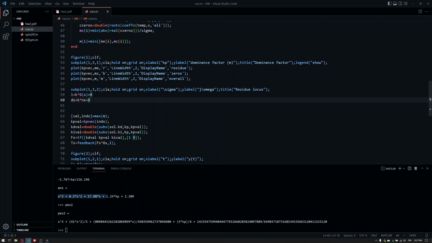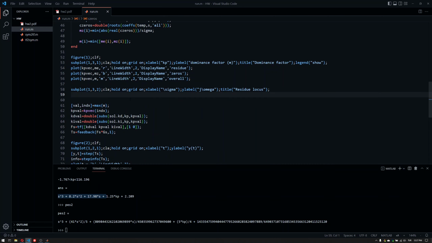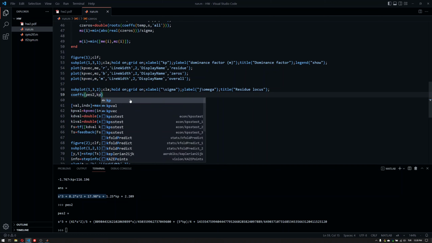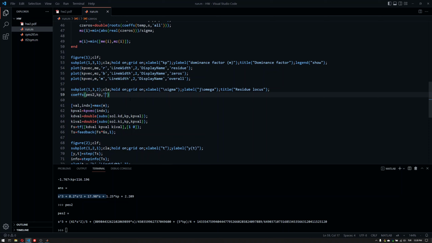So, how can I do this programmatically? Well, I can use coeffs, and I can use PS2, which is the polynomial of interest, but then, instead of s, I'm going to give it the controller parameter, the unknown parameter in the polynomial, which is kp. And of course, I'm going to use All because that is the necessity of using coeffs.